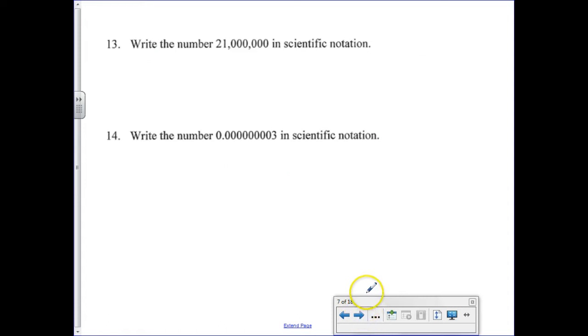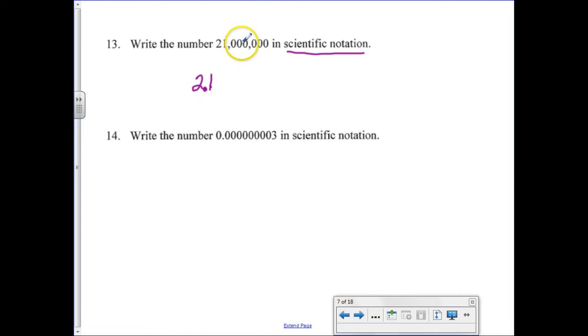All right, then we switch gears on number 13, and we want to talk about scientific notation. Remember that scientific notation means we're going to write the number as something between 1 and 10. So I'm going to put my decimal point always right after that first significant digit.